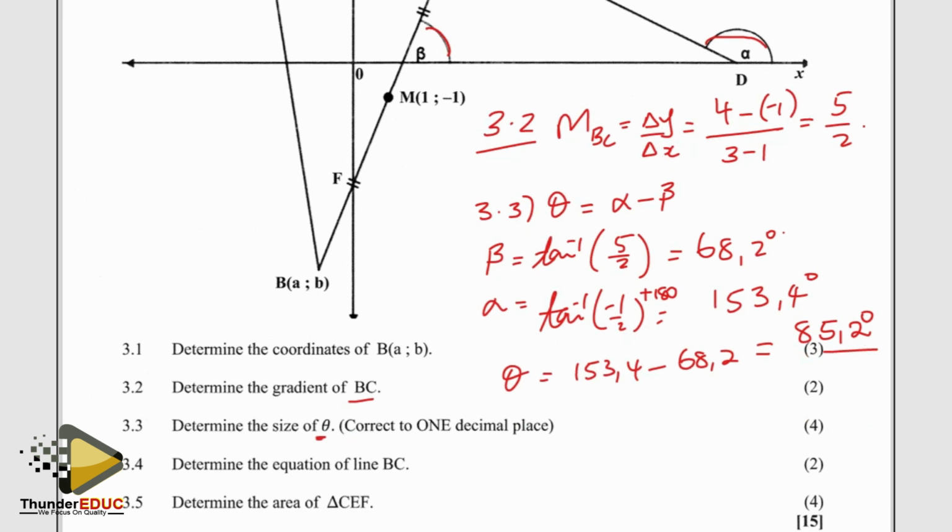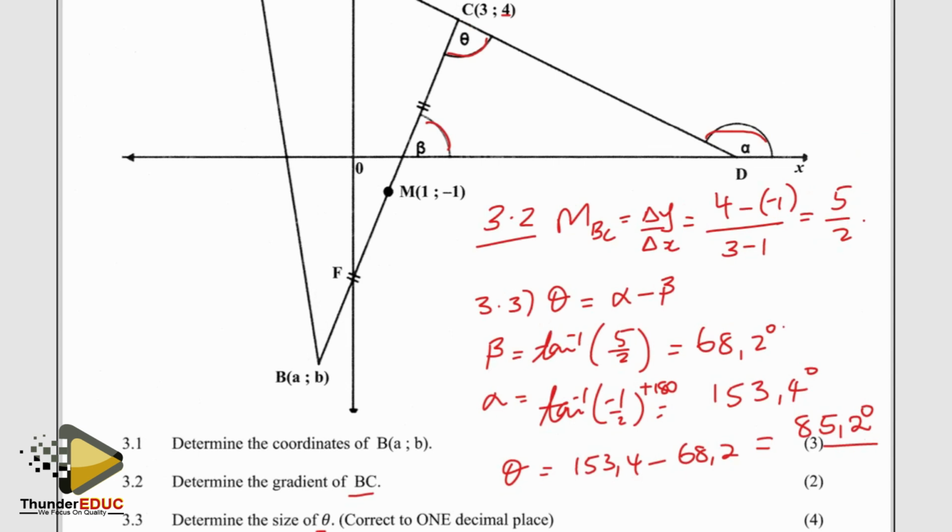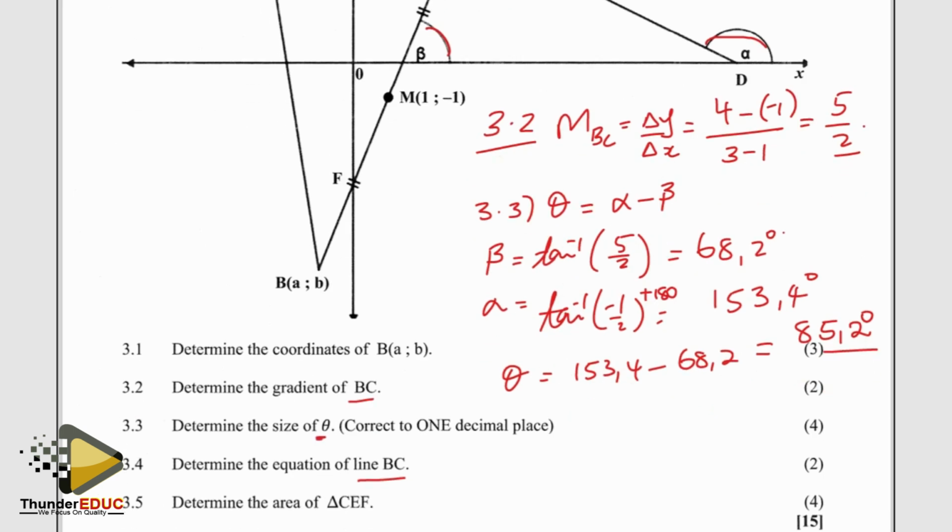They want the equation of the line BC. So since we already have the gradient as 5 over 2, then we can determine the equation. So I'm going to say y minus y1 is equal to m into x minus x1. I'm going to use 1 and negative 1.